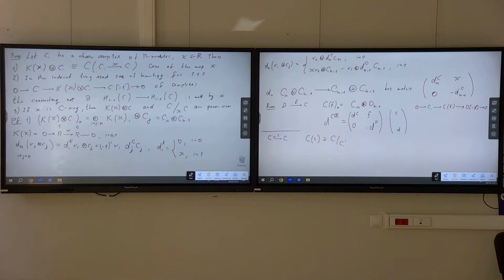Наверное, тут важно, что это подмодуль свободного образа. Ну, в любом случае, в этой ситуации у нас все-таки будет точность справа.